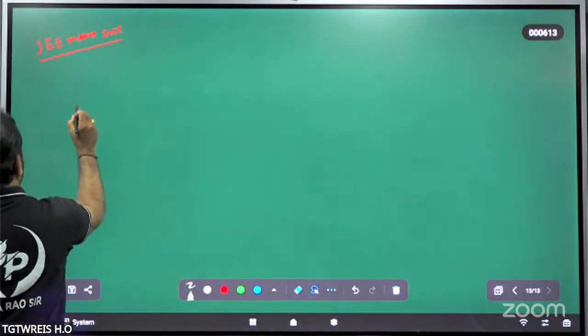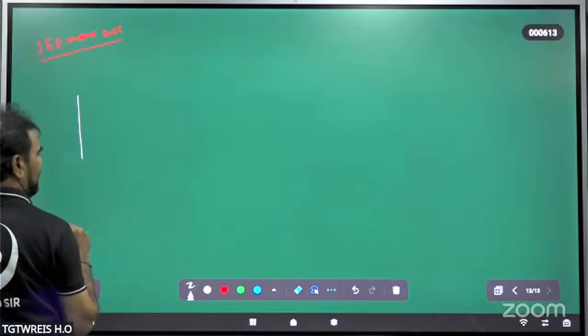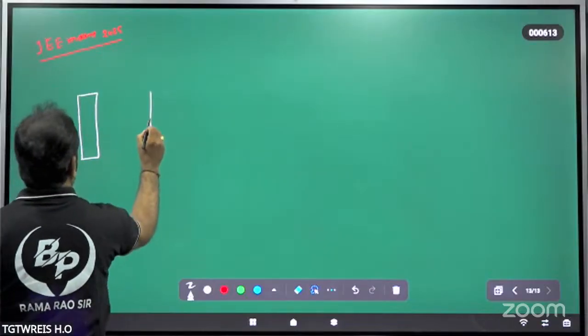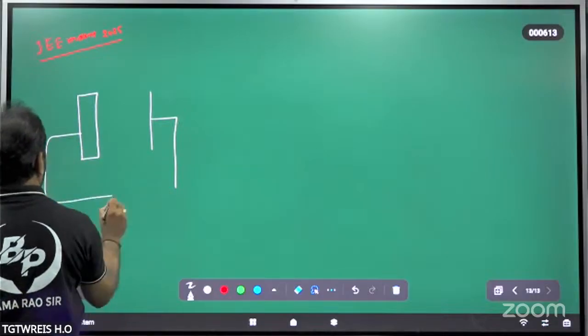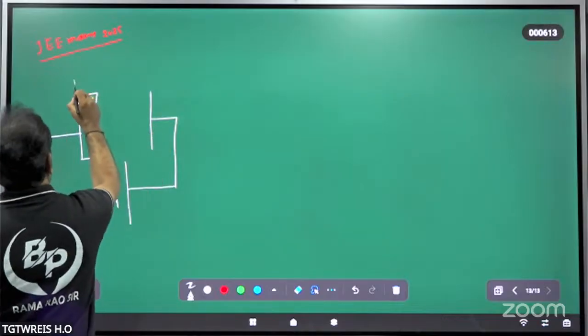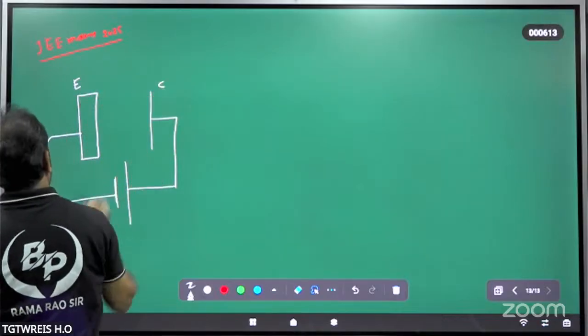Here, this is the emitter. I am taking a single plate only here. This is the emitter, and this is the collector.